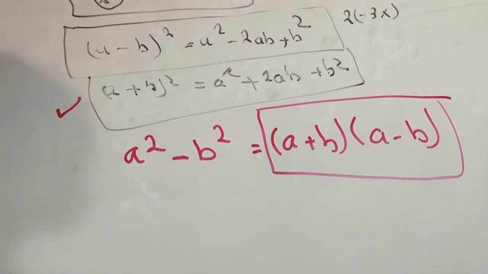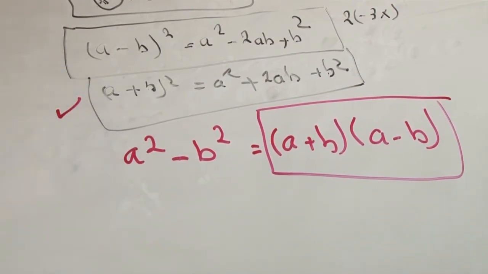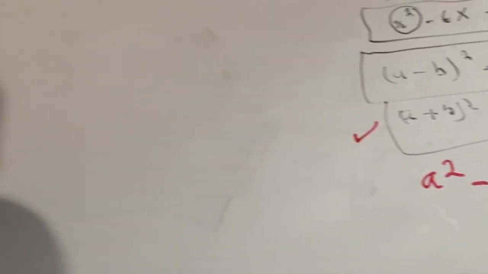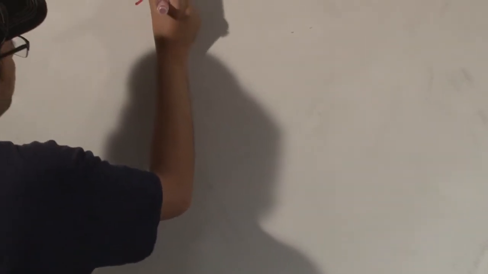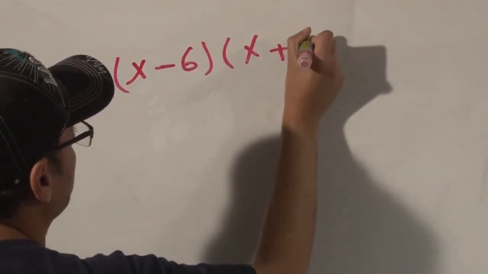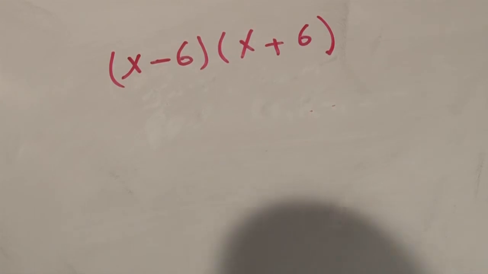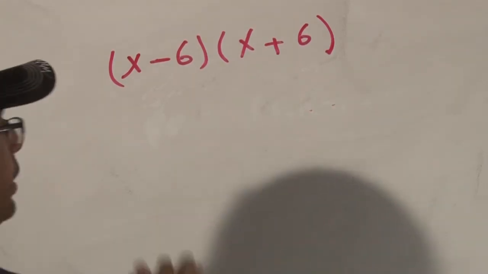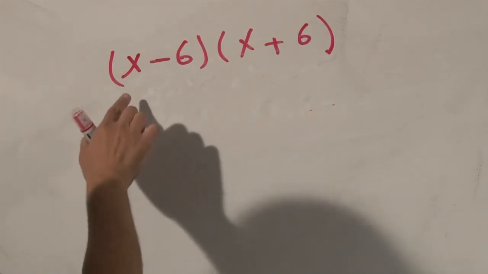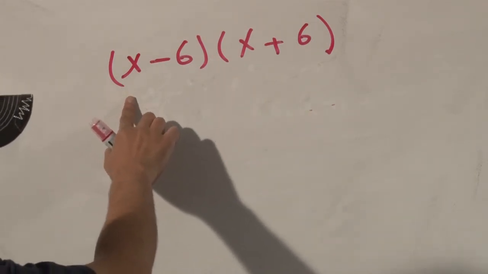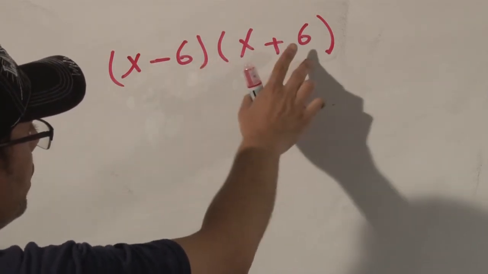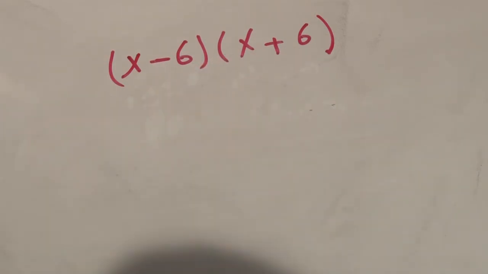So let's take an example for that. x minus 6 times x plus 6. a is x, the same thing here, and b is 6, the same thing, but the sign is different.